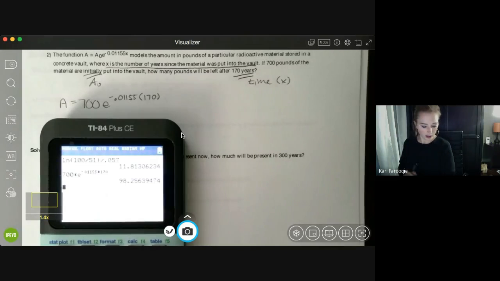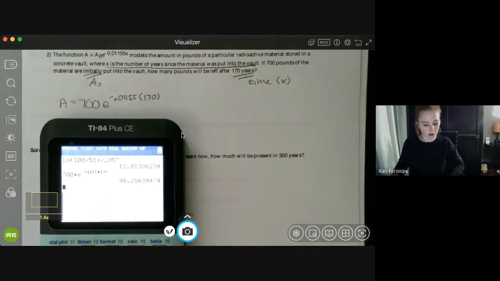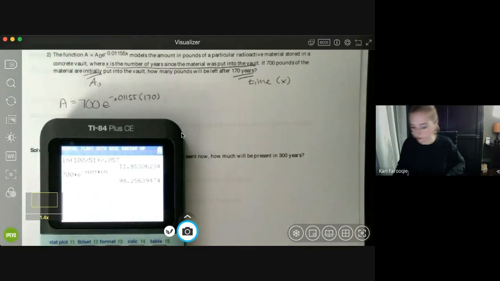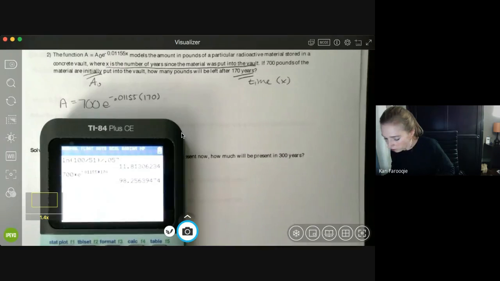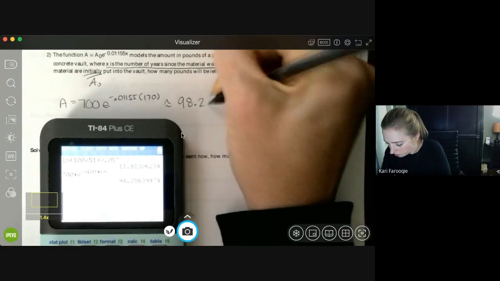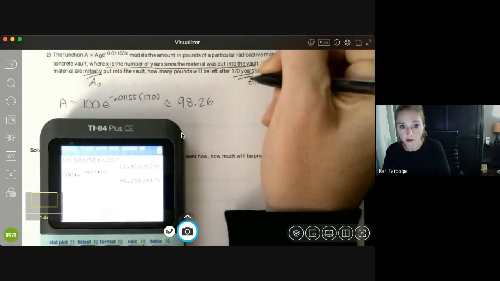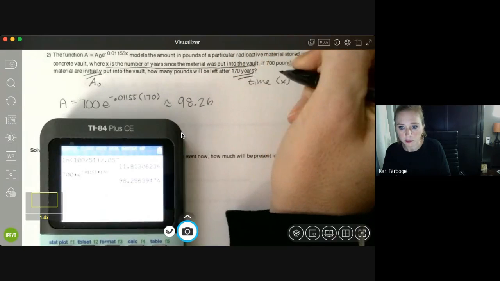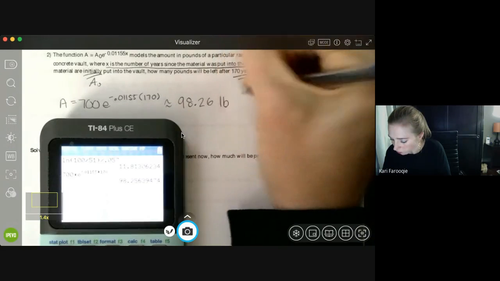And I get approximately 98.26. And now you need to ask yourself whether or not that answer makes sense. Let's see, do I have rounding instructions? No. So we'll just put 98.26. And don't forget to label your answer. We're talking about the number of pounds that will be left over.